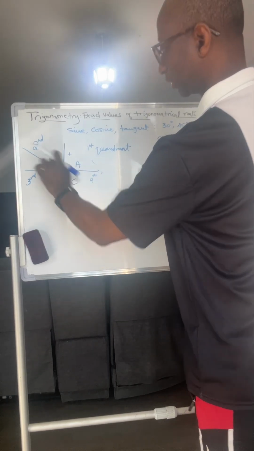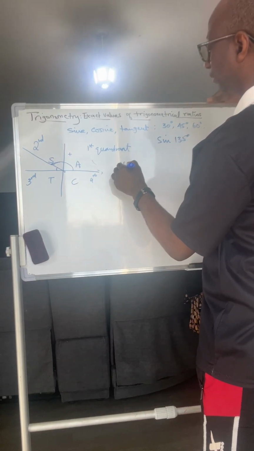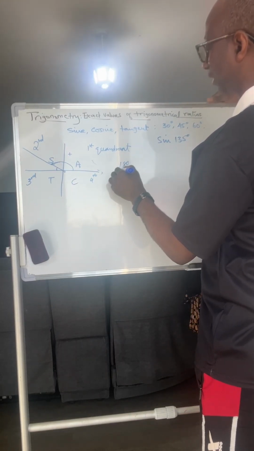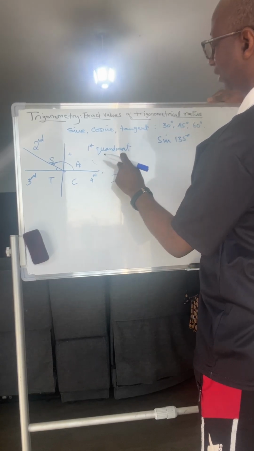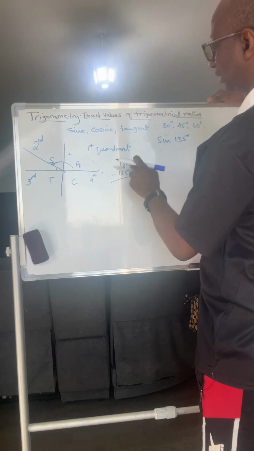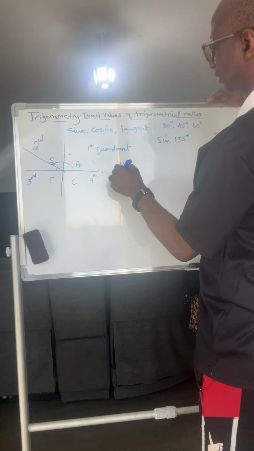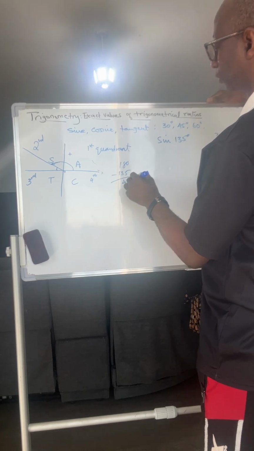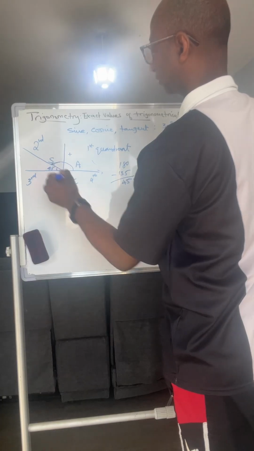A straight line is 180. So this is 135. So 180 minus 135. This will give us 0 here. That remains 7. 7 minus 3 is 4. So we have 45 degrees. So there is 45 degrees left here.